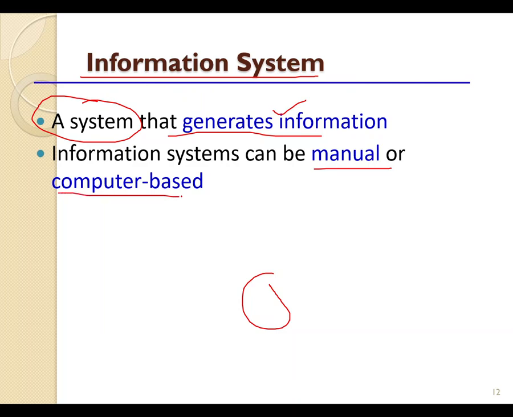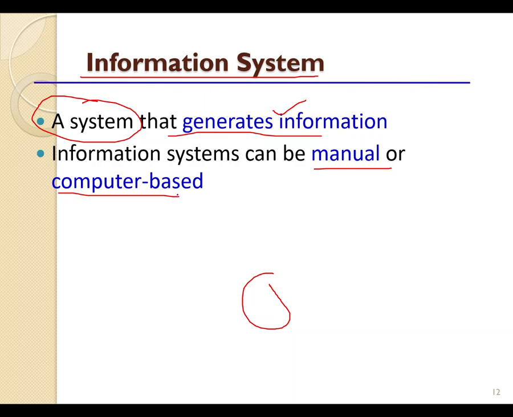Right. So if we do these computations manually, will that be a better product or better quality? No. Why not? Whenever things are done manually, what happens? It takes time to do them, and it's not that clear.